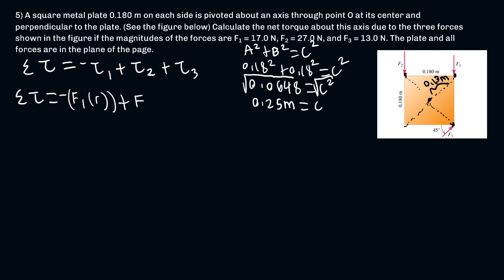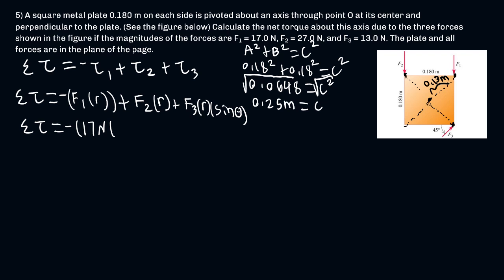We have F subscript 2 times the axis of rotation, then plus tau 3 here, and that is going to be F3 times the axis of rotation times sine theta. Because now this is at a 45-degree angle, so we have to actually worry about that angle there. Alright, so now let's just plug in what we have here, and we can figure out the sum of all torques. So the sum of all torques is equal to negative here, because that is a negative torque. Our first force is 17 newtons.